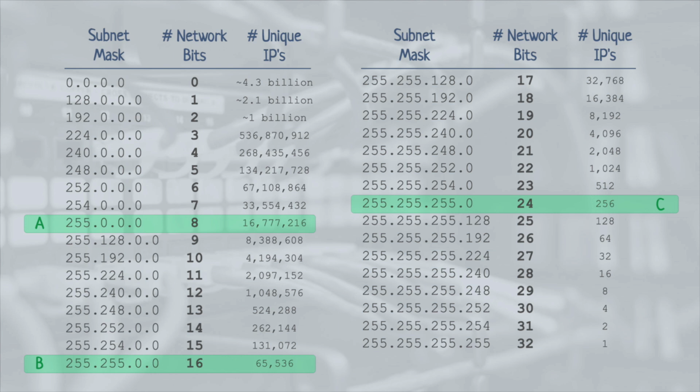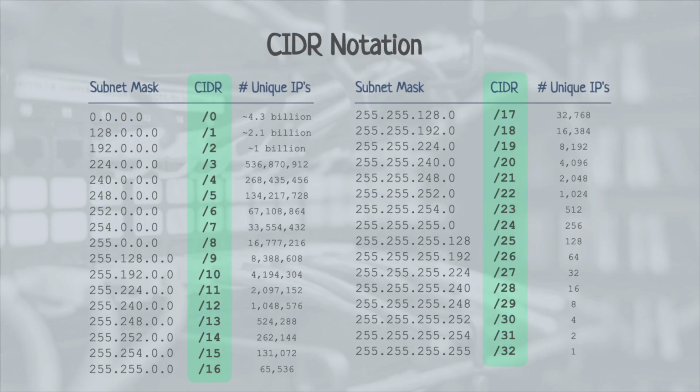Now that we understand how to use classless network sizes, there's no particular reason to use these unless they happen to be just the right size for our network. A common shorthand method for expressing the subnet mask is to use what's called CIDR notation.